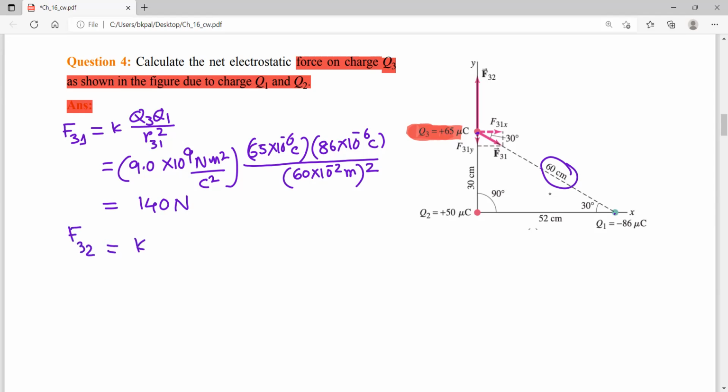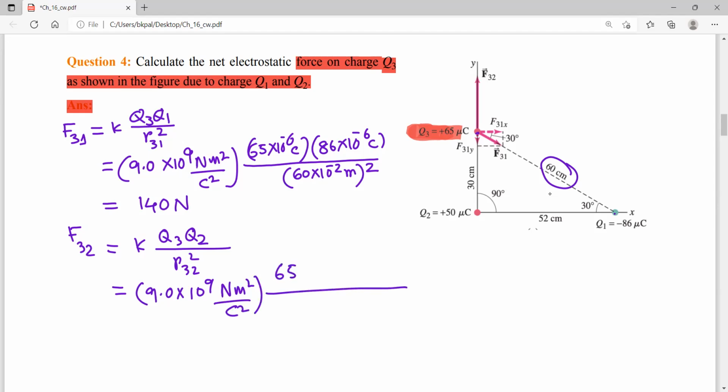F32 will be K3, Q3, Q2, and R32 square. Again, K is 9 times 10 to the power 9 Newton meter square per Coulomb square.